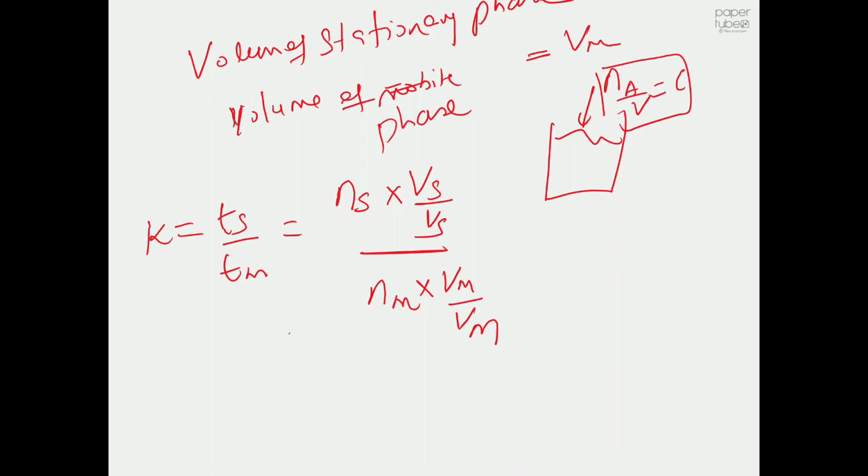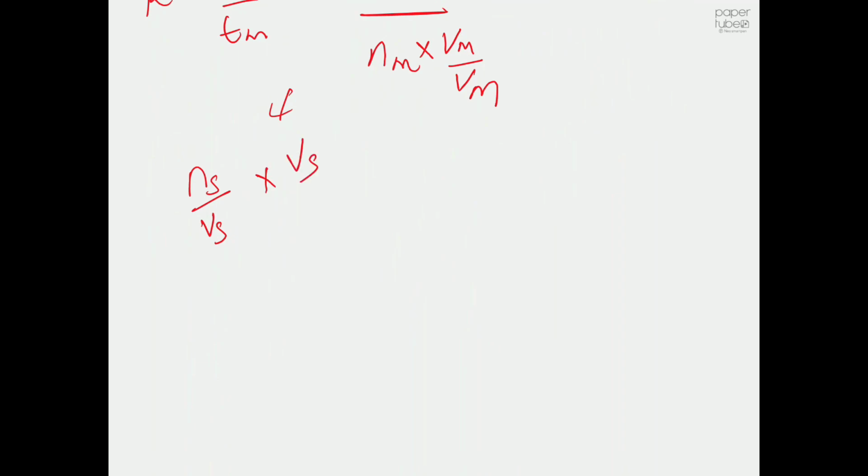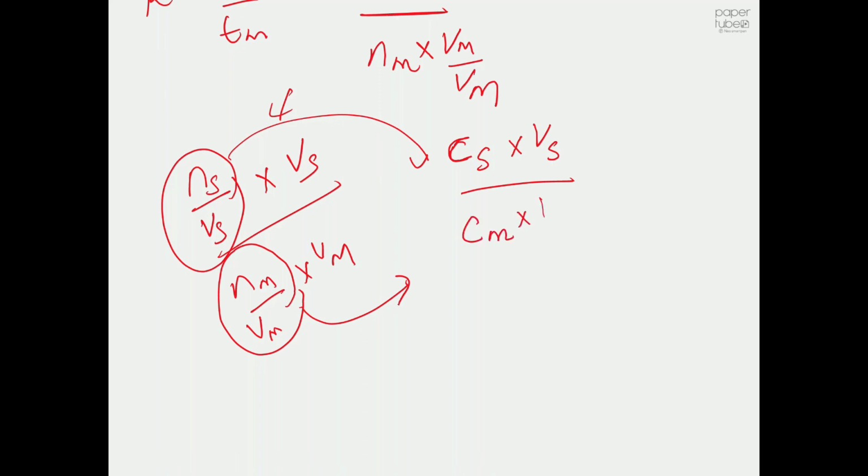So we can rewrite this expression: Ns by Vs multiplied by Vs, divided by Nm by Vm multiplied by Vm. Just follow the pen. This is nothing but the concentration of your solute in the stationary phase, Cs, multiplied by Vs, over the concentration of solute in the mobile phase, Cm, multiplied by Vm.